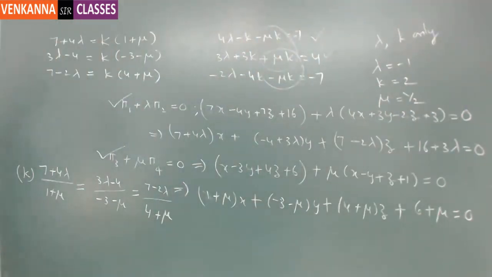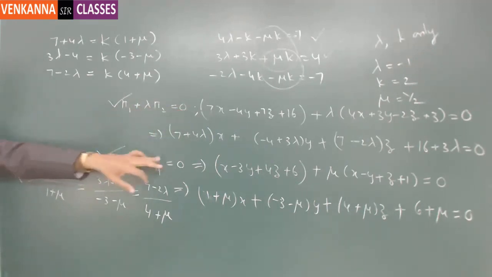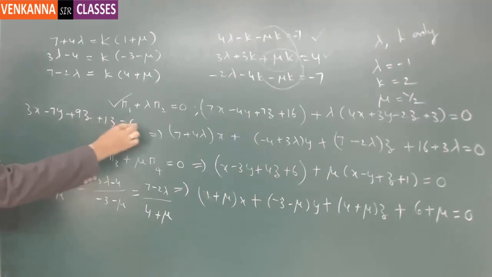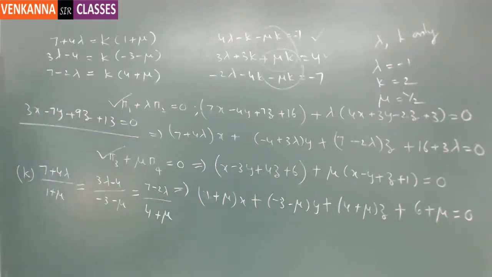Now the final part is to determine the plane containing both lines. You can take either λ or μ. If you take λ, substitute in this equation. If you consider μ, substitute in this equation. So the final answer will be 3x − 7y + 9z + 13 = 0. That was the final answer.